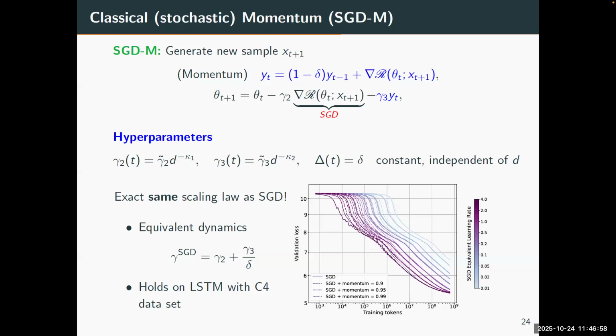Why is this? This is super important to understand. The idea is that delta is fixed. When you look at the first equation, you can just solve it. It's just a recursive thing, an exponential, which means the older terms decay really fast, so you're really only looking at current iterates.